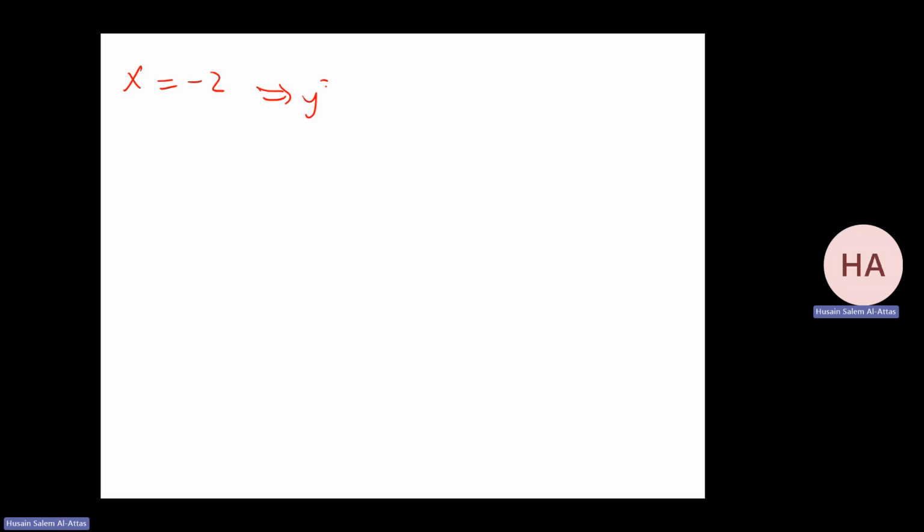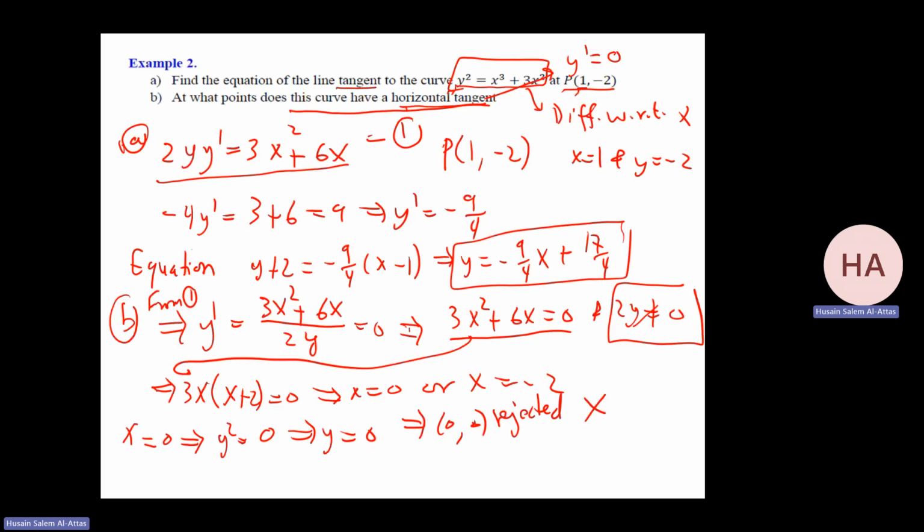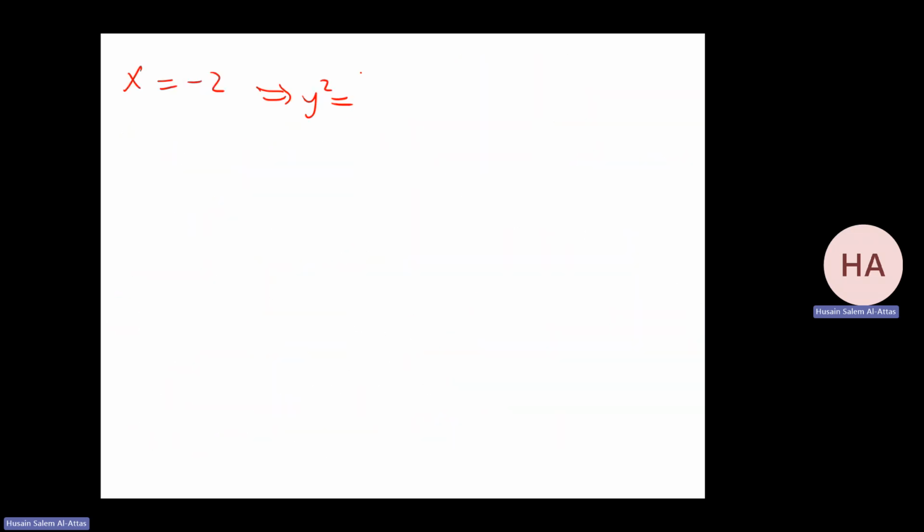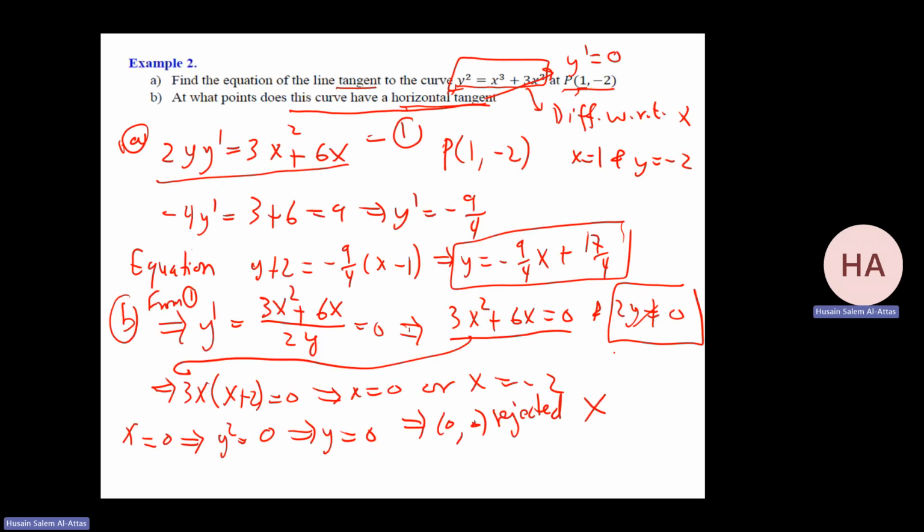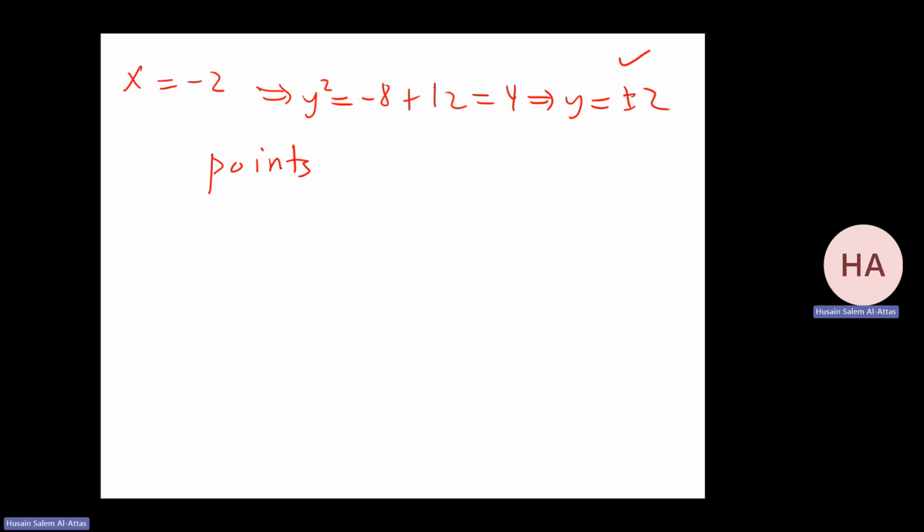That means y squared equals, substituting here, x cubed, which is minus 8, plus 3x squared, which is 3 times 4, because minus 2 squared is 4, so plus 12, equal to 4. So you have y equals plus or minus 2. So what are the points? This is accepted, because it will not conflict with the condition. So I have the points minus 2 and 2, and minus 2 and minus 2.